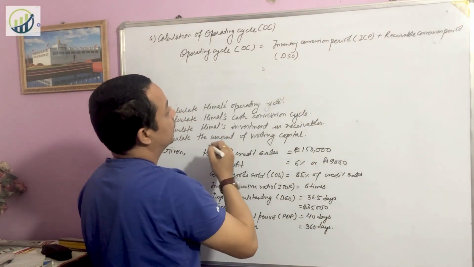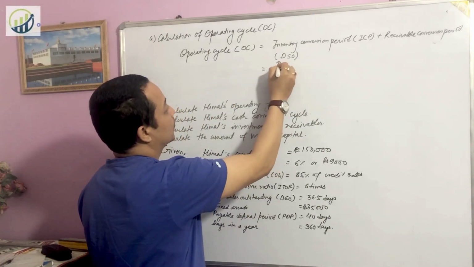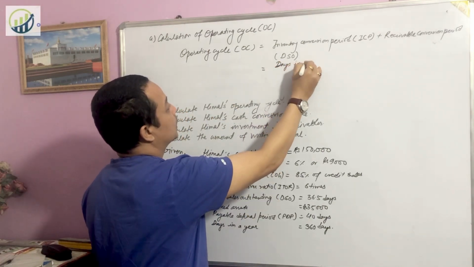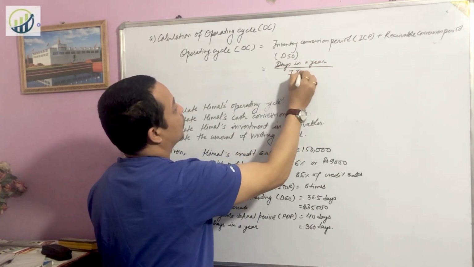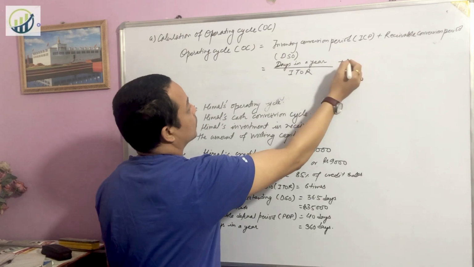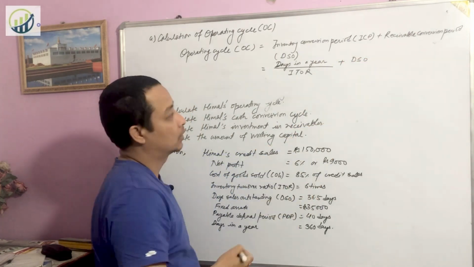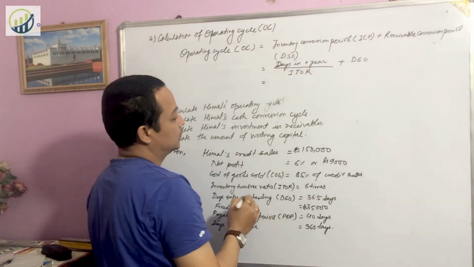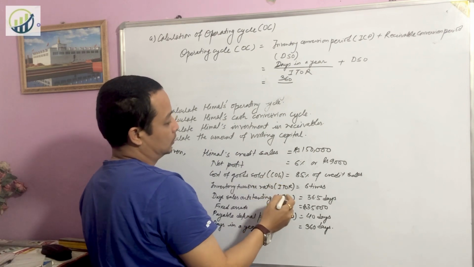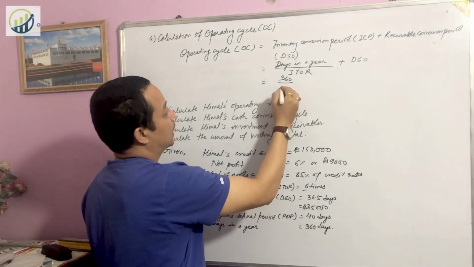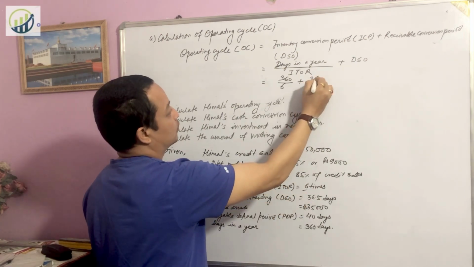To find inventory conversion period, it is days in a year divided by inventory turnover ratio, plus DSO. Now put the values: days in a year 360 days divided by inventory turnover ratio 6 times, plus days sales outstanding 36.5.